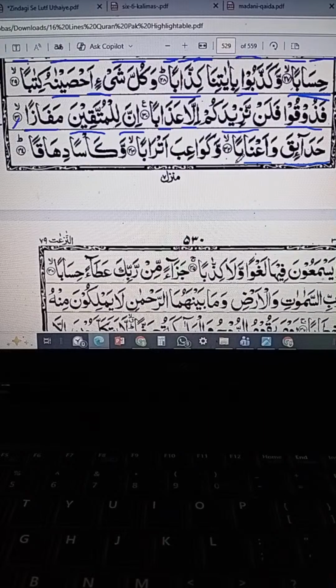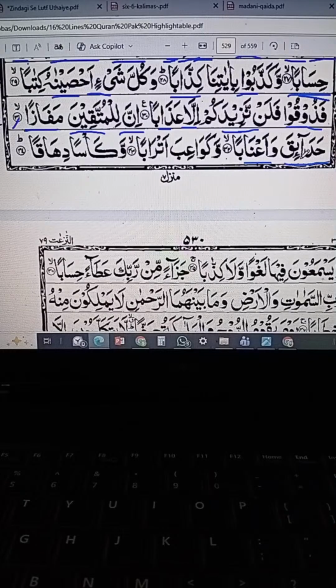Hadaiqa wa a'naba. Alif madda and again alif madda. This alif also has mad. We have to stretch extra equal to 3 or 4 alif.